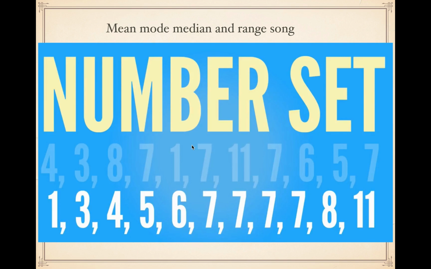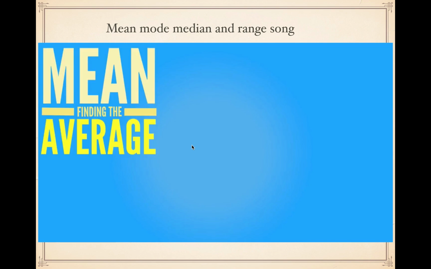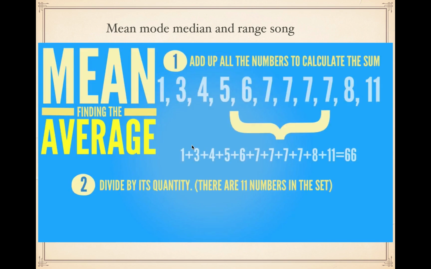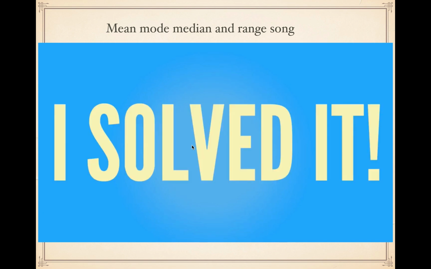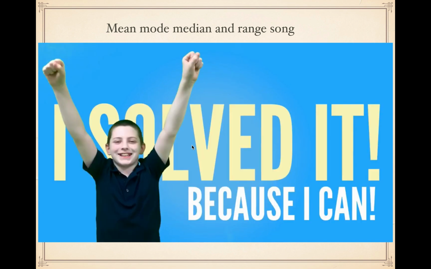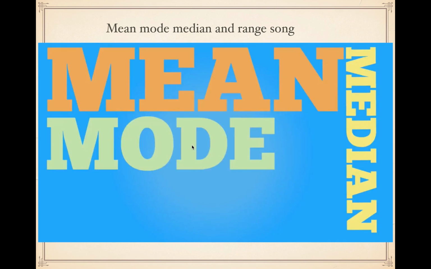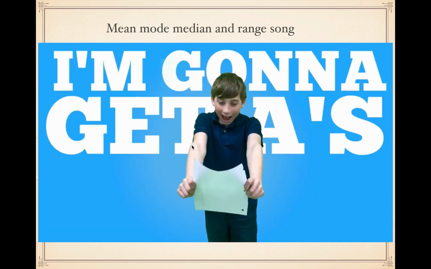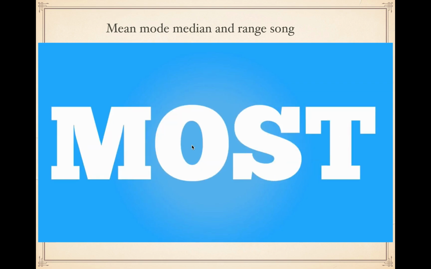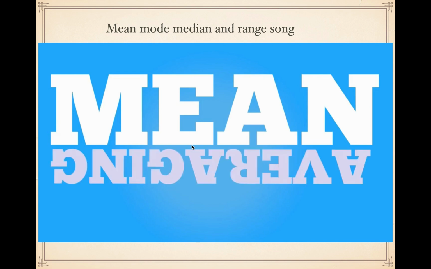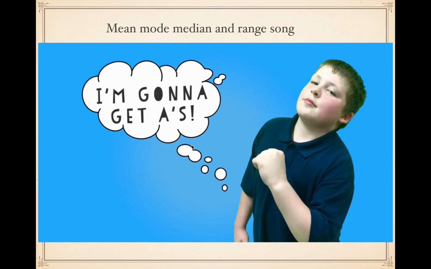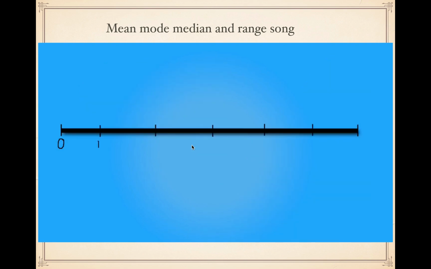To find the mean, the first thing that must be done is you add up all the numbers and calculate the sum and divide it by its quantity.